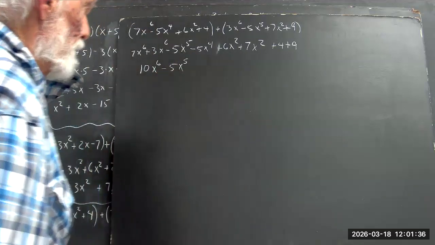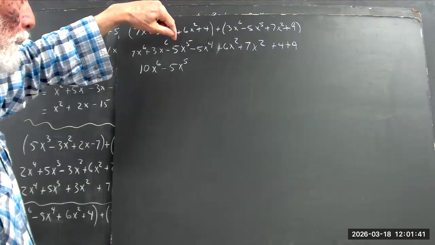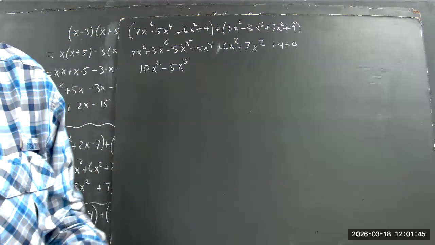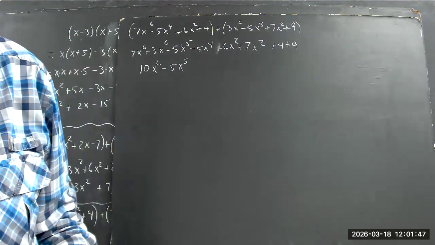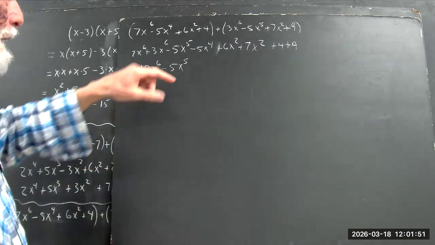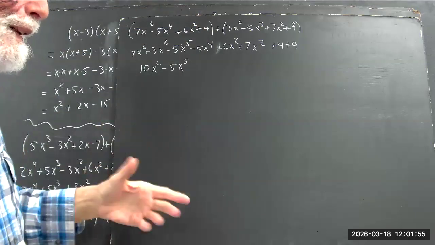Now, I was intending that this might look a little confusing, minus 5x to the 5th, minus 5x to the 4th. There are a lot of 5s there. That'll fool your eye if you're like me, okay? And you want to look at it very carefully and notice that these are unlike terms, okay?